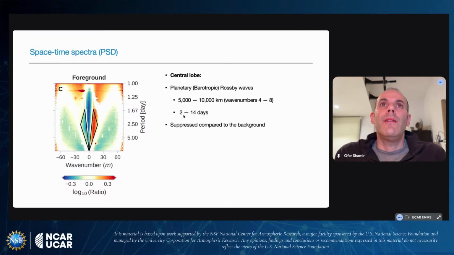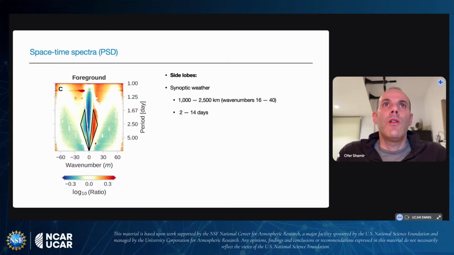And it's suppressed compared to the background, which means that there are fewer planetary Rossby waves than what would exist in the background. And that's because some of the power that would otherwise go into forming planetary Rossby waves is being used to form the westerly mean. Or in other words, in the background, all we have is planetary Rossby waves.